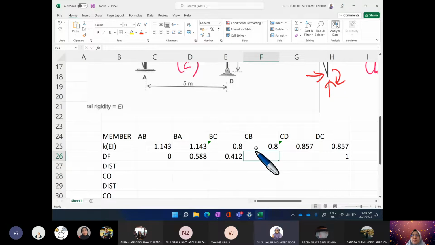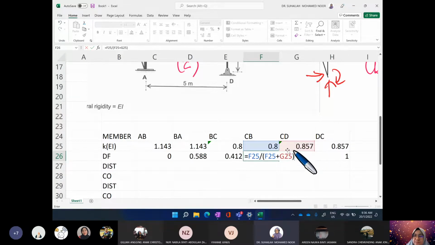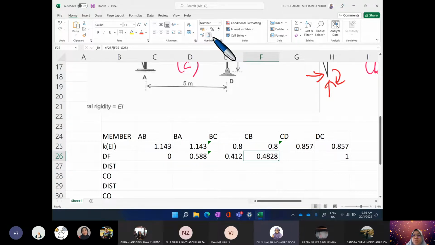Okay. And for CB, it is 0.8 divided by this one plus this one, KBC plus KCB. Okay, so we get 0.483.